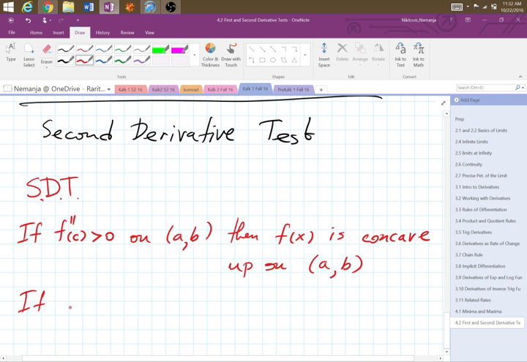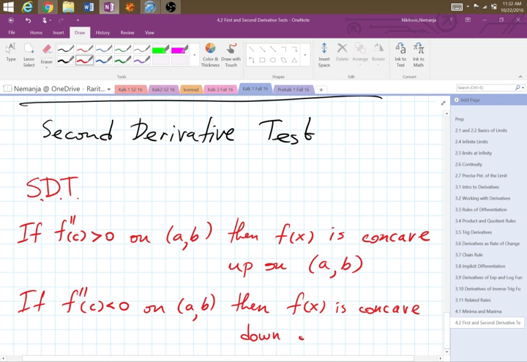And if the second derivative computed at C is less than 0 on AB, then f of x is concave down on the same interval AB.